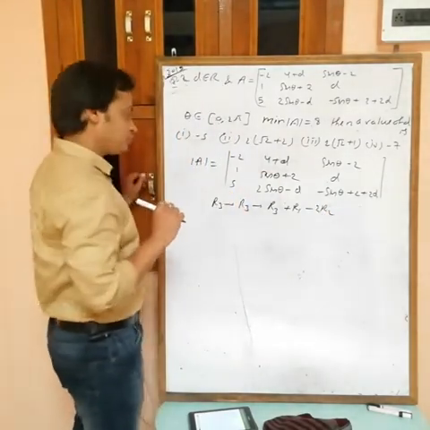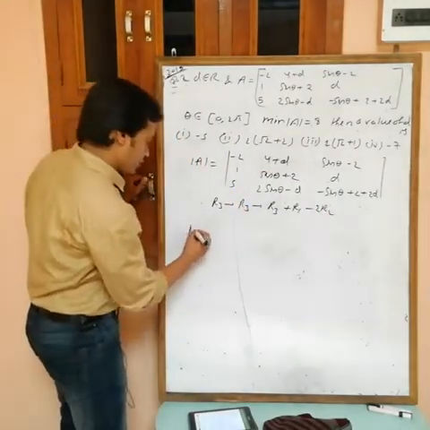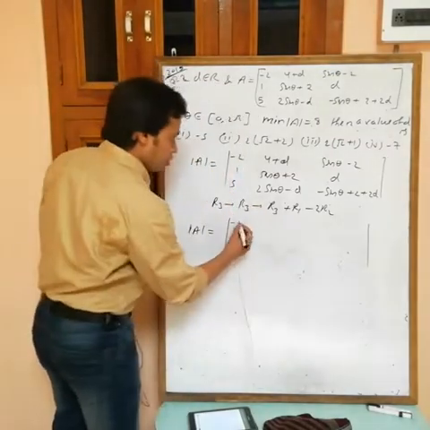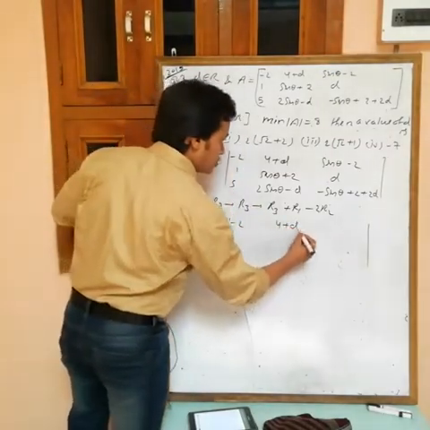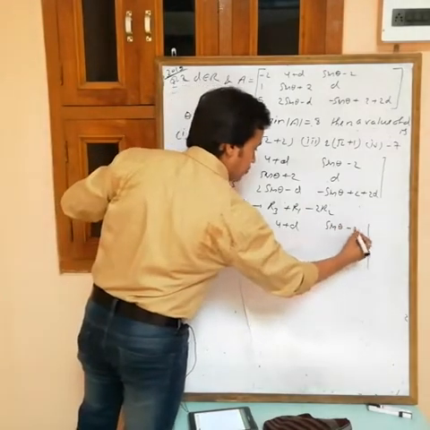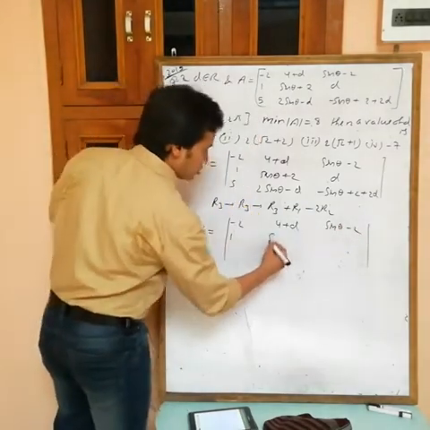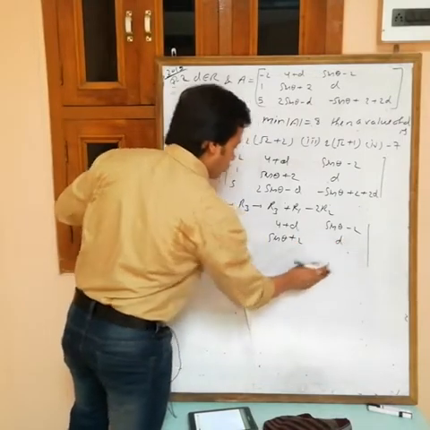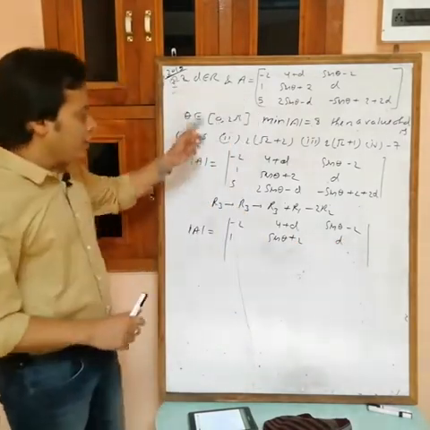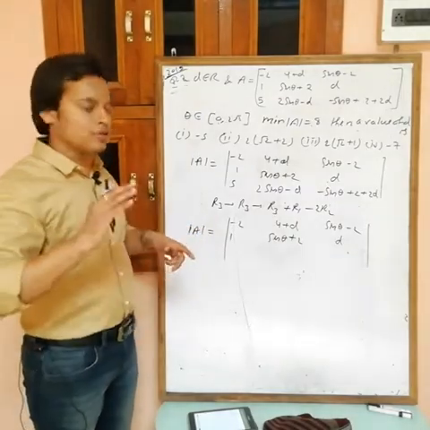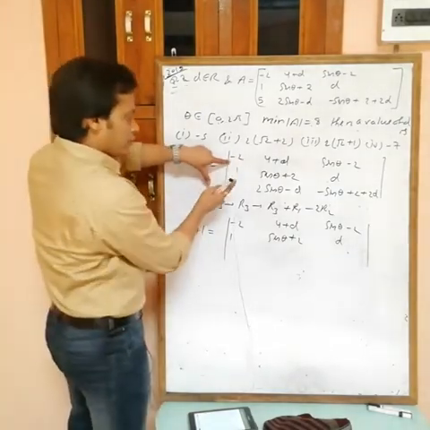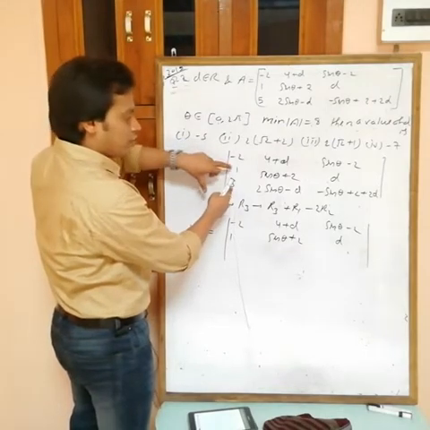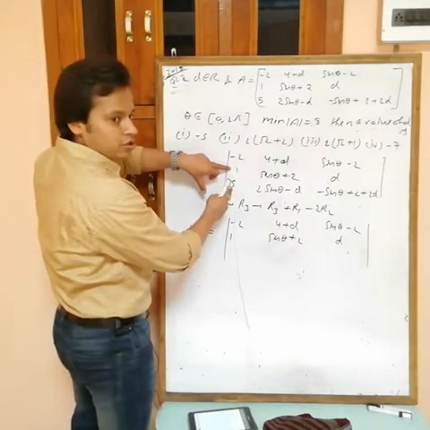Now determinant of A equals: R1 and R2 remain the same, -2, 4 plus D, sin theta minus 2, then 1, sin theta plus 2, D. Now in R3 we are adding R1 and subtracting twice of R2. Adding gives 3, and subtracting twice of this gives 3 minus 2, which is 1.